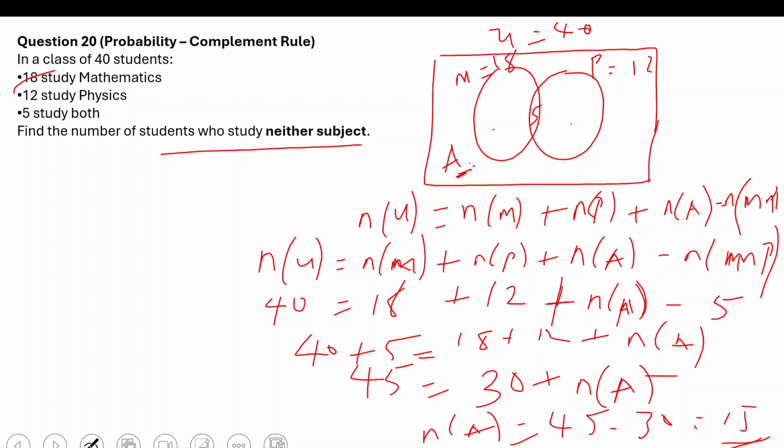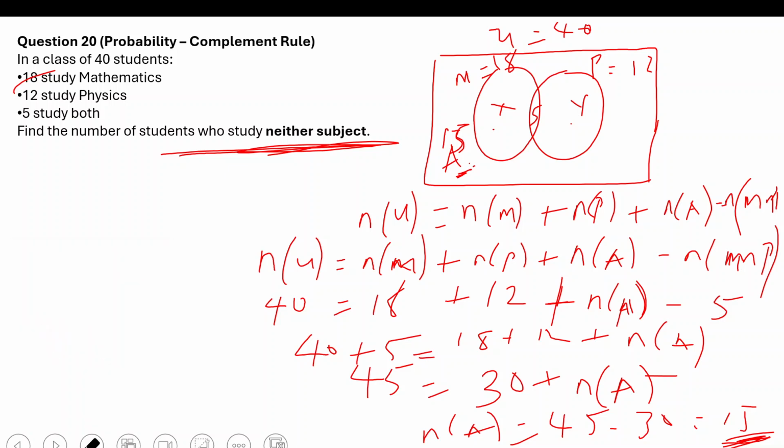So this 15 is the number of students who study neither subject. So 15 will be here. By the time you add 15 and the numbers I have here and here, you will get 40. So 15 is the number that study none of them.